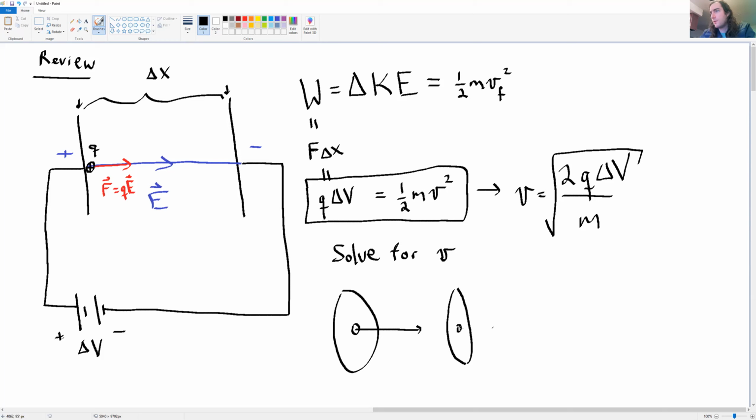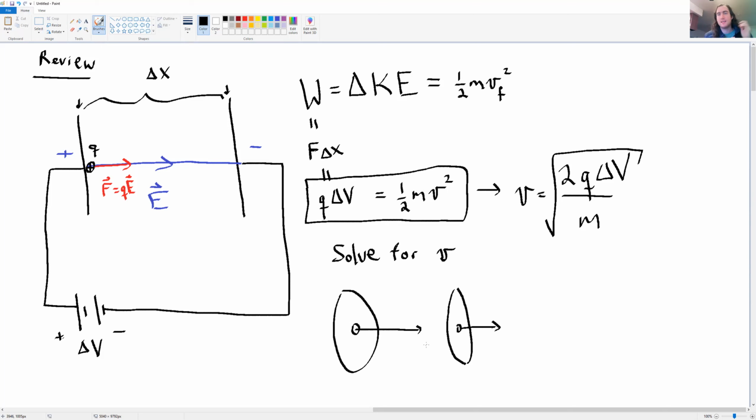And so they're going to go through the holes like this.